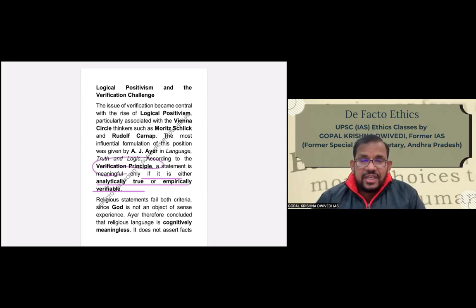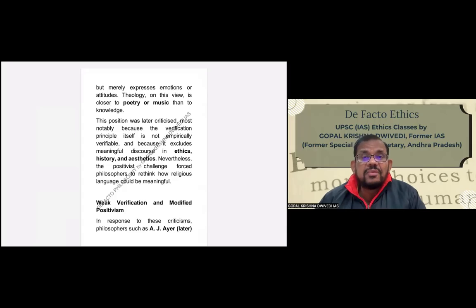Since religious statements fail both criteria, because God, or even soul, immortality, life after death, anything related to that is not an object of sense experience, religious language is cognitively meaningless because it does not assert facts but merely expresses emotions or attitudes. And as we have seen in a previous question, theology for them is more like poetry or music.